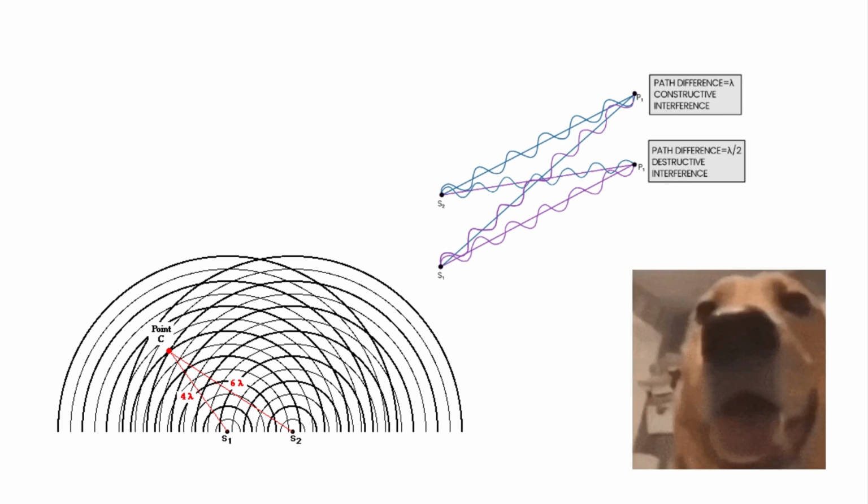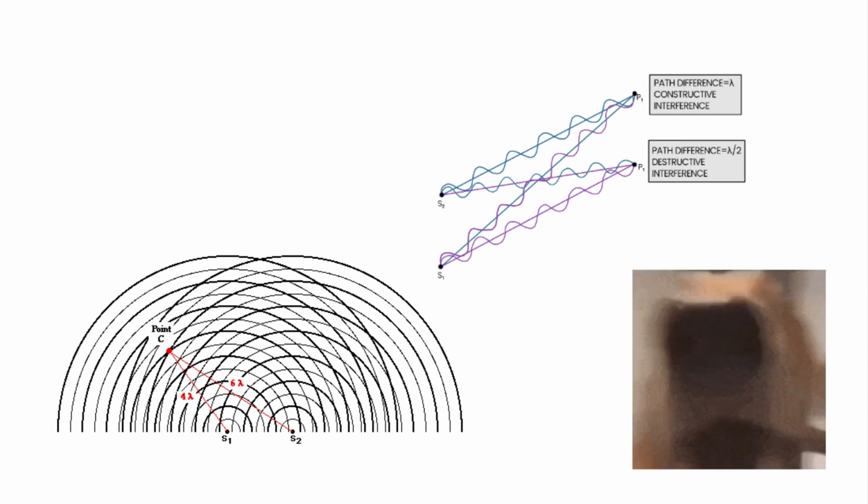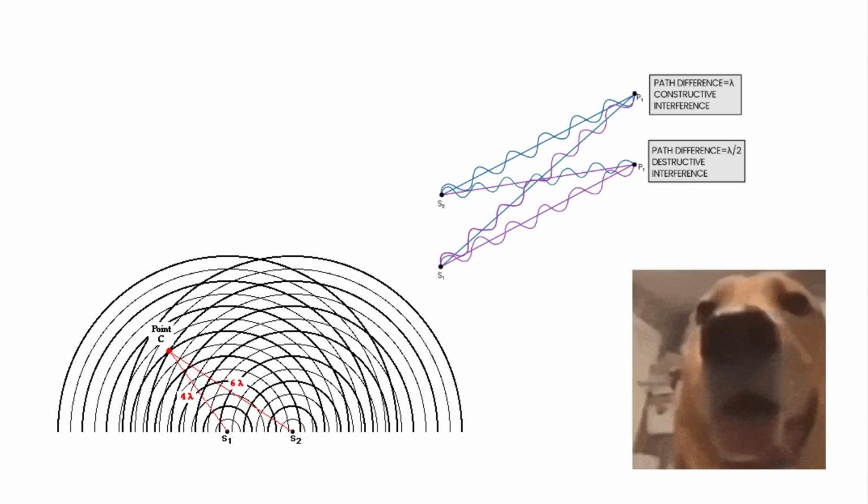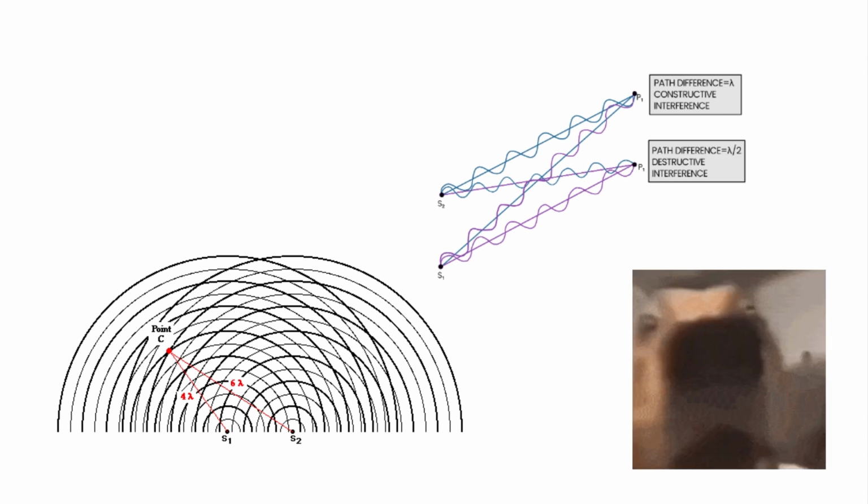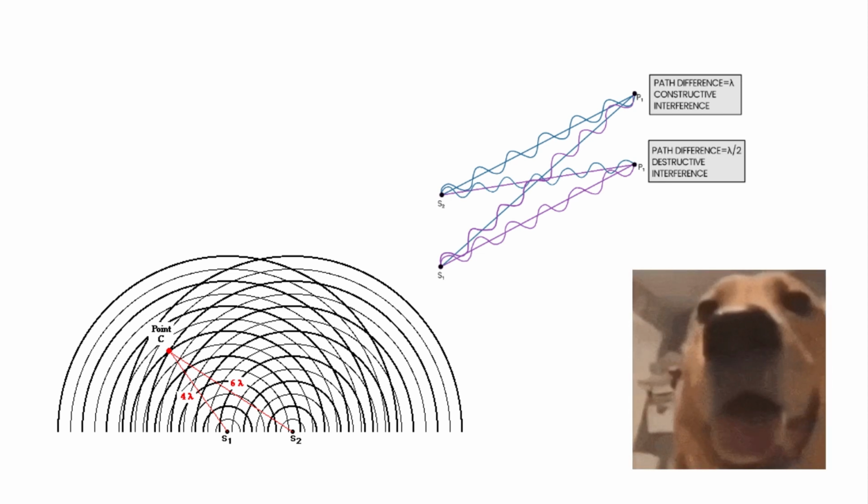Oh, I meant to say that s, which is the separation of the fringes, or in the diagram it's y, is equal to the wavelength times the distance to the screen, which in this case would be L, over d, which is the distance between the slits. So s is equal to lambda D over d.